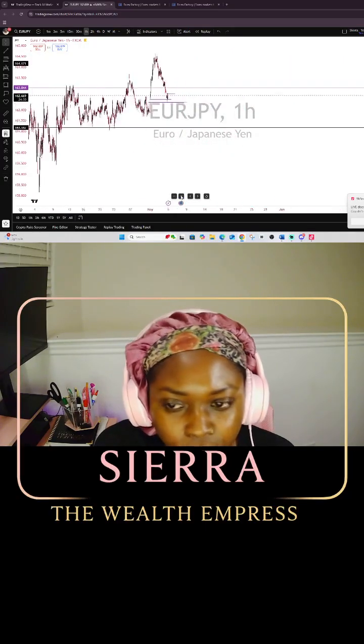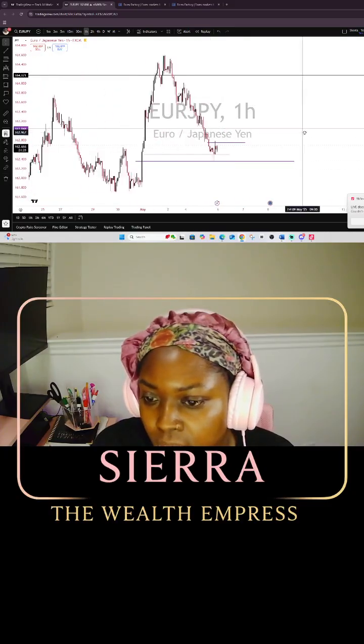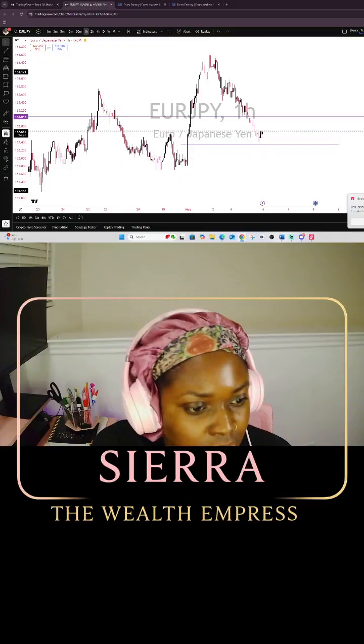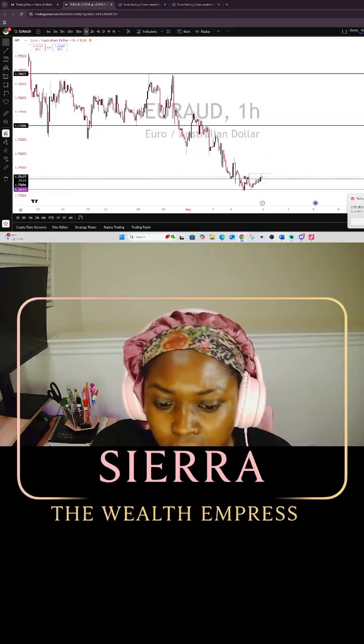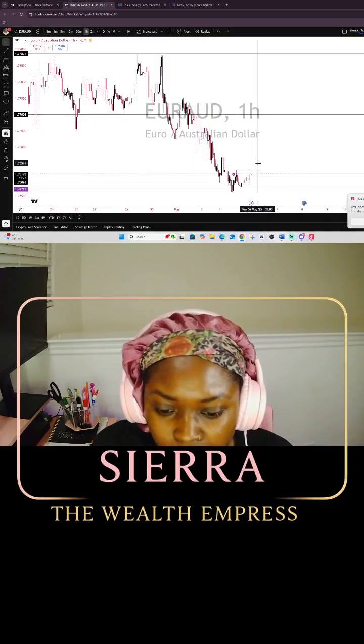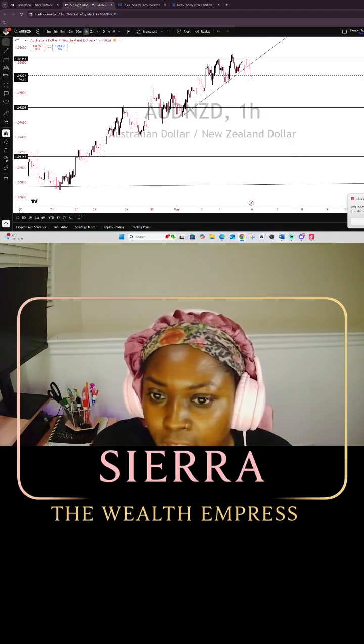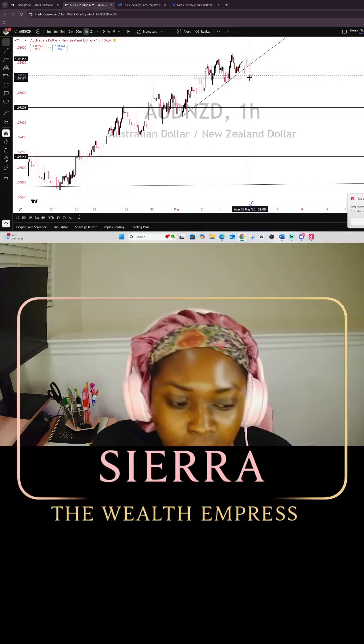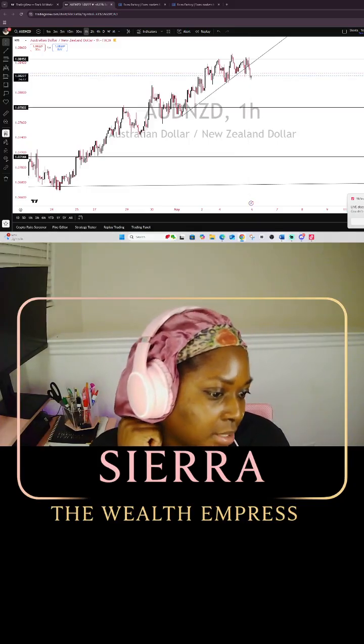Any other liquidity areas for EJ? Then Euro odds not breaking structure yet. And then odd NZD, we're waiting for that gap to be formed.